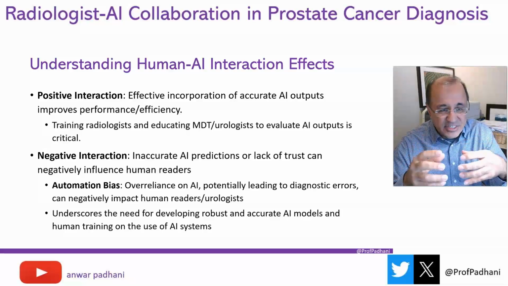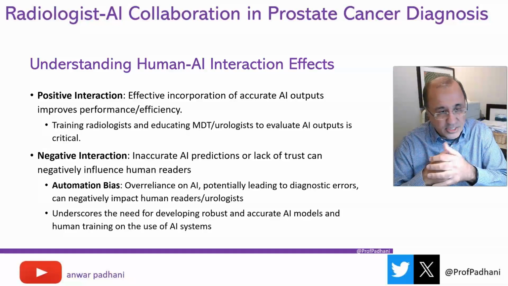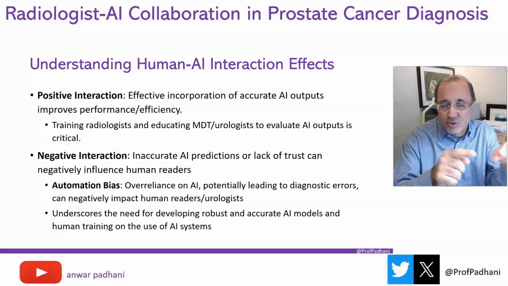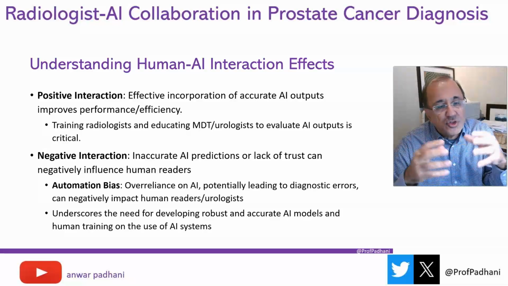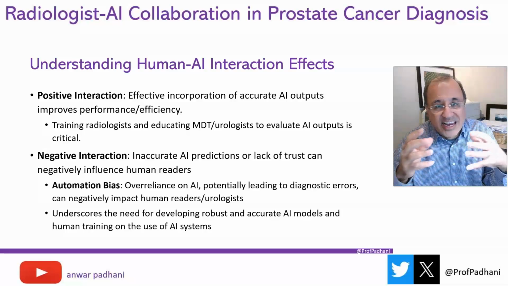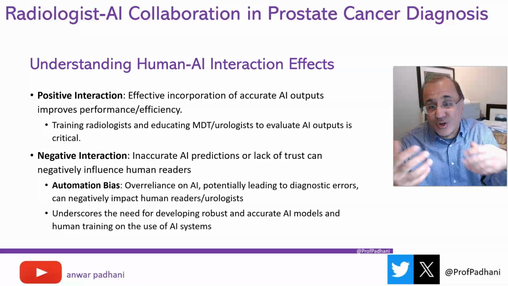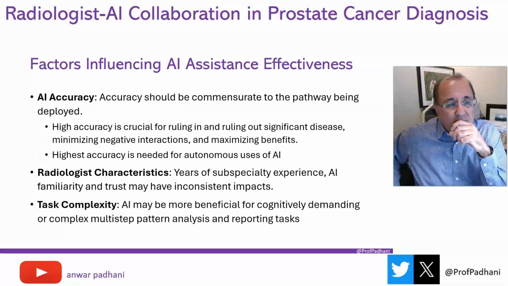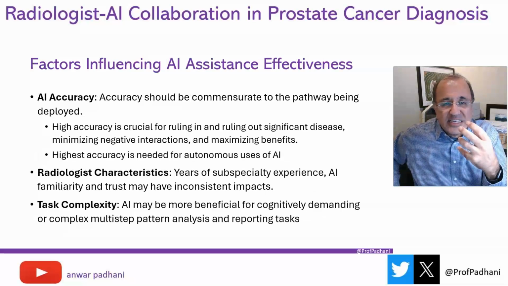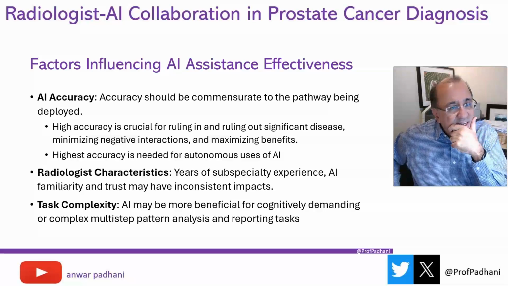So a negative interaction follows an inaccurate AI prediction, but also this automation bias that we also talked about, which really speaks to the need to develop robust and accurate models and then human training on the use of AI systems. So when we start to think about what factors influence the effectiveness of AI assistance, then really number one is accuracy.